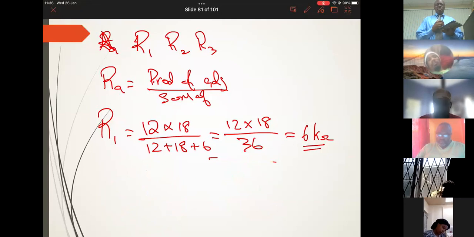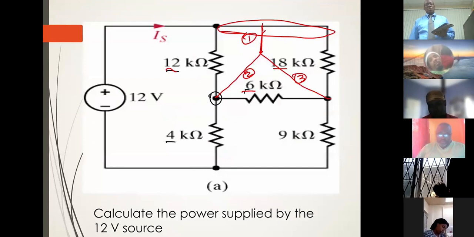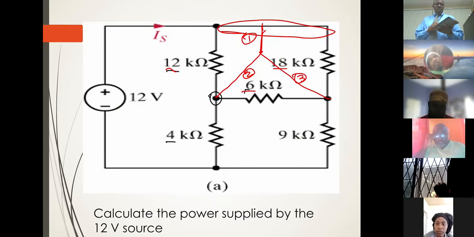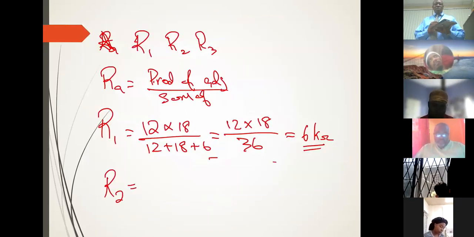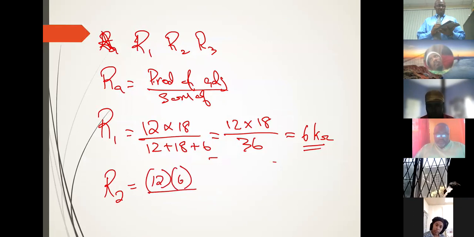So based on that, Mr. Clark, can you say you understand? So for R2, let's go back to the network. For resistance 2, what are the resistors that are adjacent to R2? The 12 kilo ohm and the 6 kilo ohm. Okay? So for R2, what's the formula? 12 times 6 over 12 plus 18 plus 6.